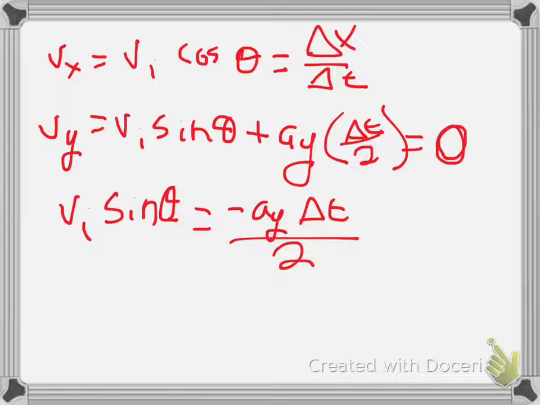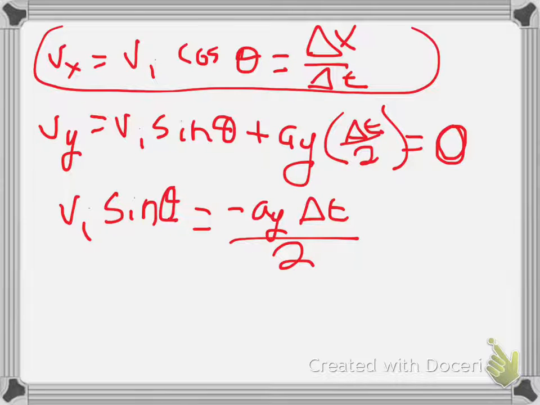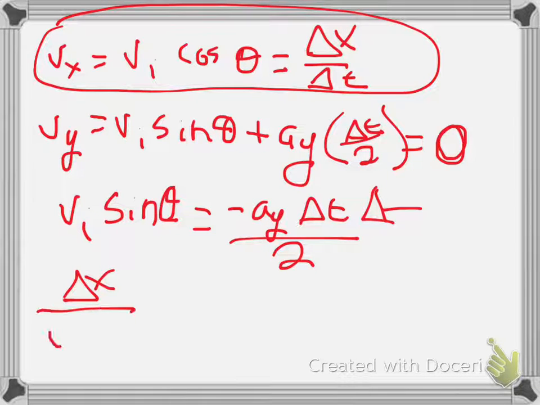Now I'm going to clear things off a little because we're going to substitute some stuff in. Remember that we don't have time, so we needed to solve the initial equation for time so that we can substitute that in for time in this equation. If we manipulate it to solve for time, we have delta x over initial velocity cosine of theta.